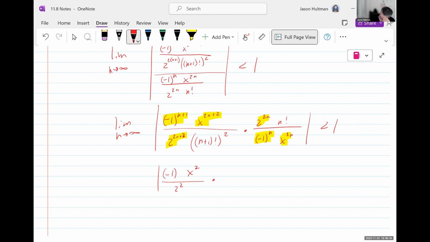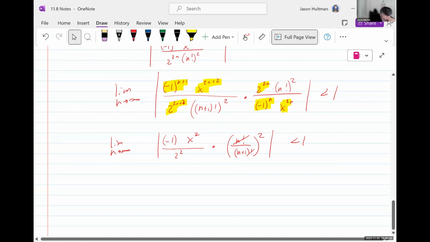Okay, times, oh, so this was n factorial squared. My bad. I'm going to combine the n factorial squared over the n plus 1 factorial squared, less than 1. That's the limit as n goes to infinity. And so the n factorial over n plus 1 factorial, well, that just cancels everything that would have been factorial and leaves me with n plus 1.